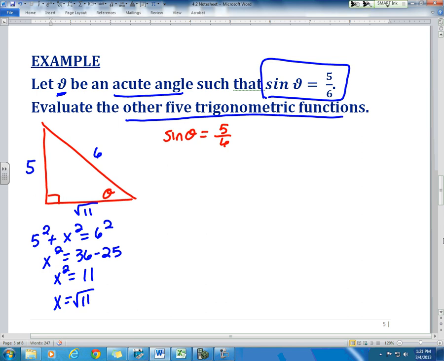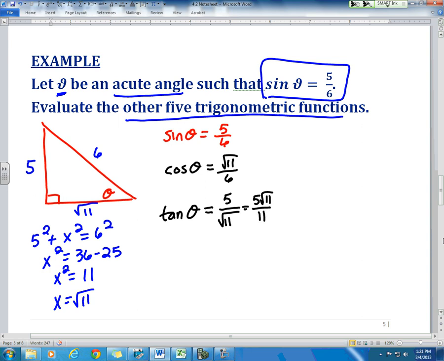Remember, radicals are the most accurate way to represent your answer. So now that we know all 3 sides of the triangle, we can complete the other 5 trigonometric ratios. Cosine will be adjacent, radical 11, over hypotenuse 6. Tangent is going to be opposite over adjacent, 5 over radical 11, which rationalized will give us 5 radical 11 over 11.